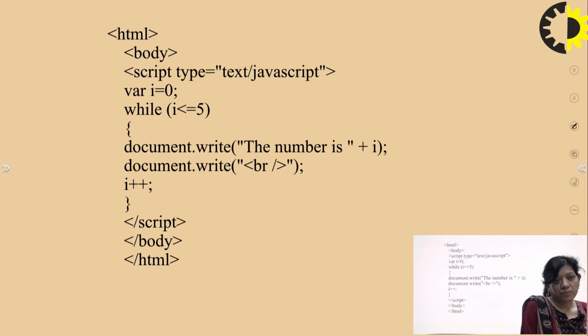The loop will run until the value of i is 5. When i is 5, the condition will check: 5 is less than or equal to 5. Condition true.